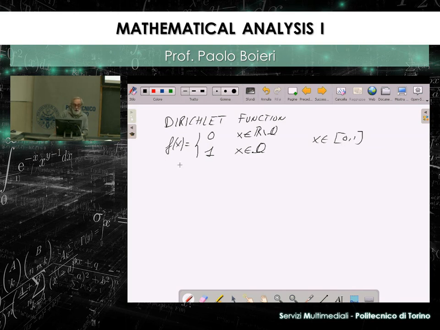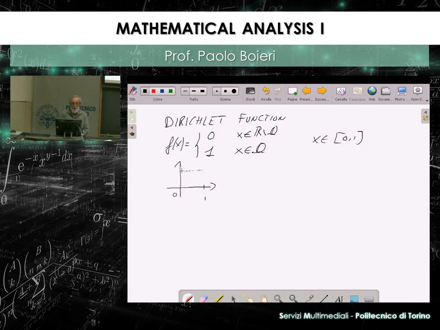And for this function on 0, 1, it's impossible to draw the graph, okay? But just to have an idea, for x rational, the value is 1.